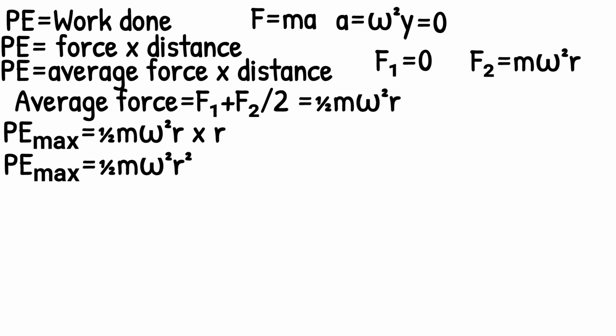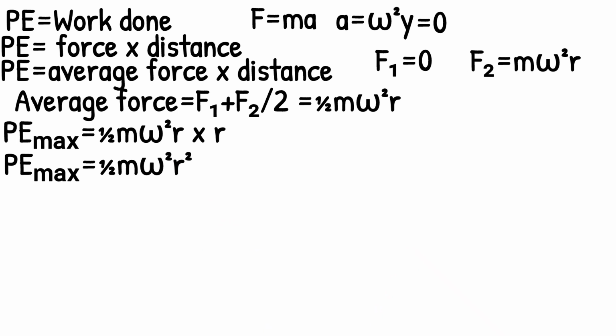But that's just potential energy at the extreme position. What about if it's not at the extreme position, at another point? Not even the mean position, at another point. It's still the same process you will take. The only difference now is that at another point, your displacement is not r, it is y.